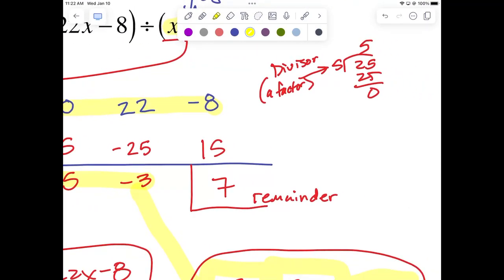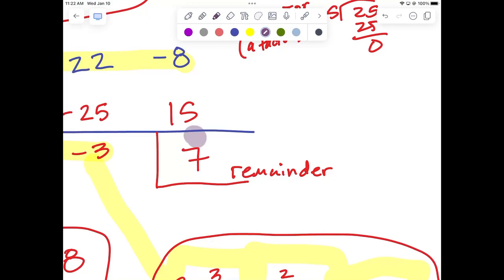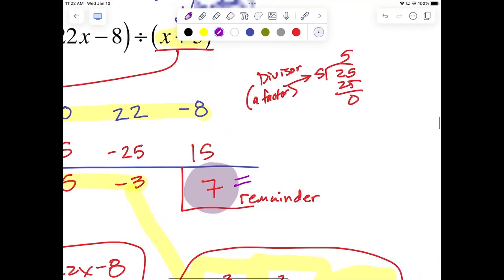When you get to the end, when you're done with all your multiplying and adding and frolicking through the problem, you would end up with 7. Well, guess what? 7 is not only the remainder when you divide by x plus 5, this is also p of -5.